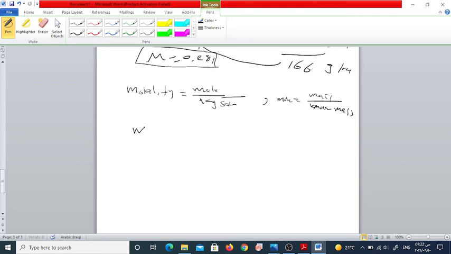So we can say molality equals mass of solute over molar mass of solute times kilogram of solvent.